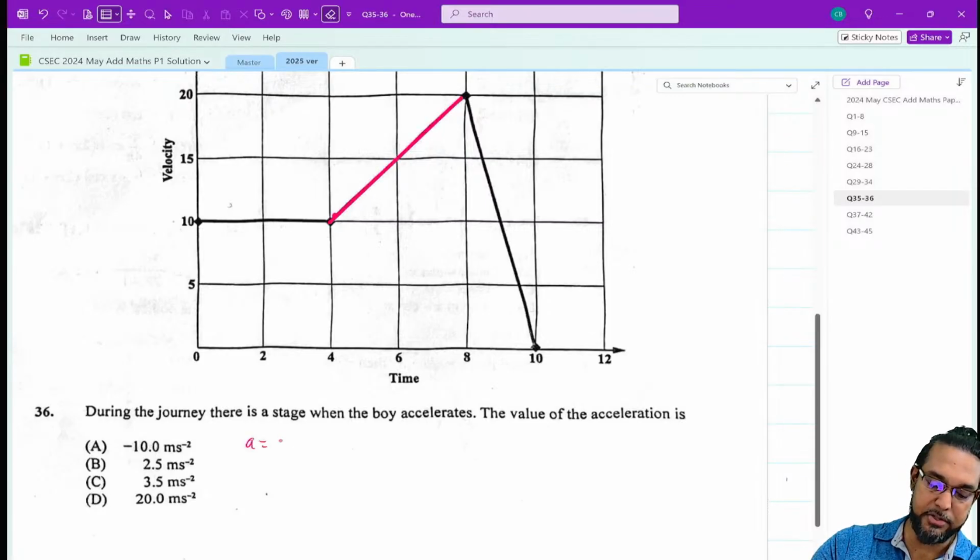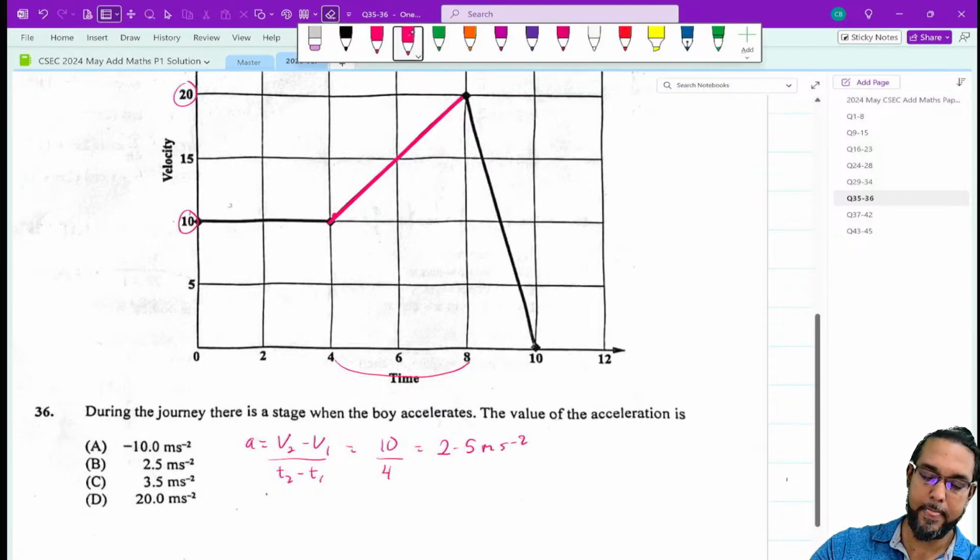So acceleration is the change in velocity divided by the change in time. Velocity changed from 10 to 20, so that's an increase of 10, right? And time went from 4 to 8, so that's an increase of 4 seconds, so that's 2.5 meters per second squared.